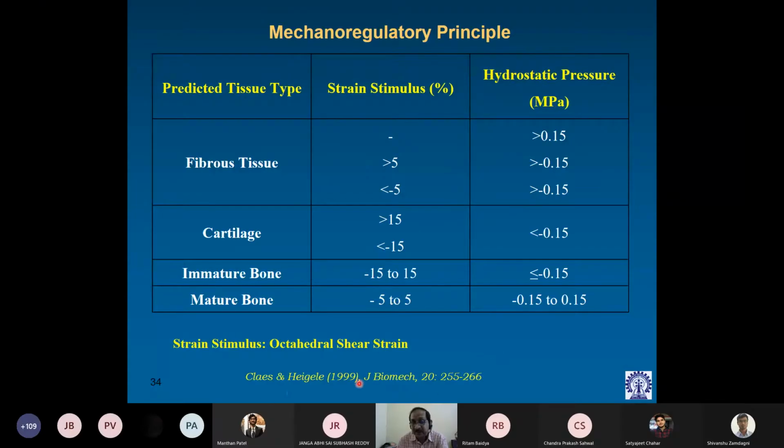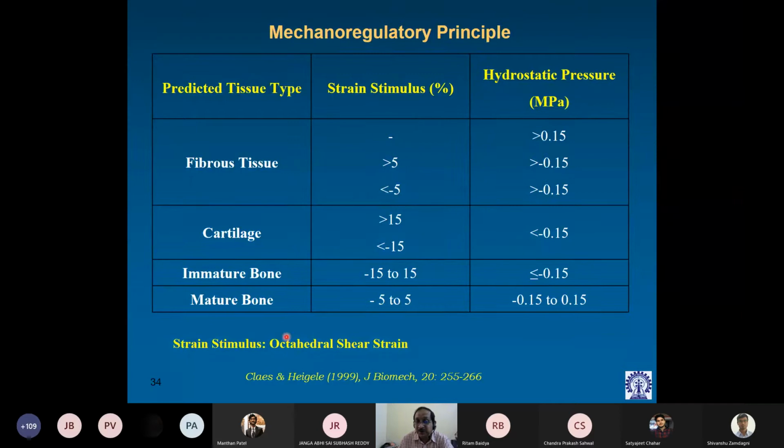Important 1999 paper, Claes and Heigele, in Journal of Biomechanics. They had first come up with the mechanoregulatory principle, which is based on strain stimulus.